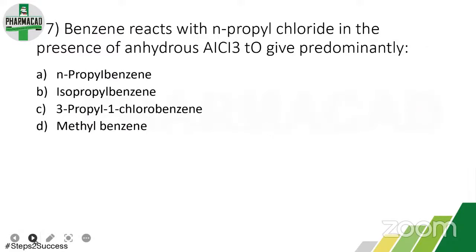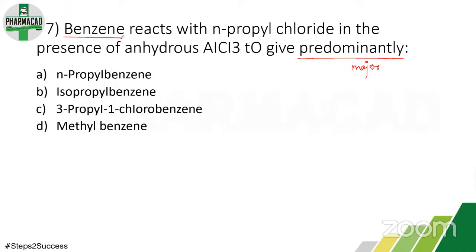Next question. Benzene reacts with n-propyl chloride in the presence of anhydrous AlCl3 to give predominantly. Now this word is important. Predominantly means we have to find out the major product. Remember this.